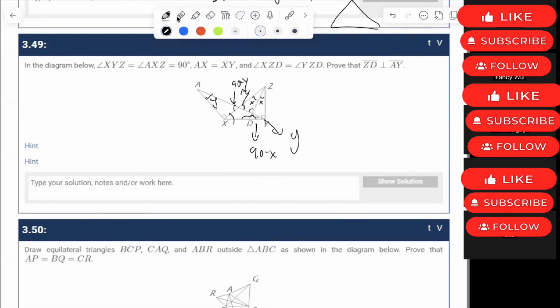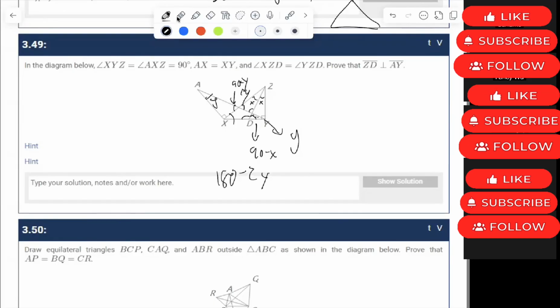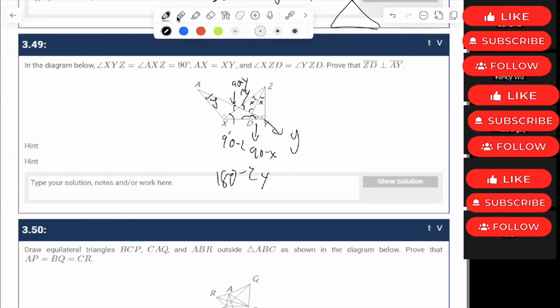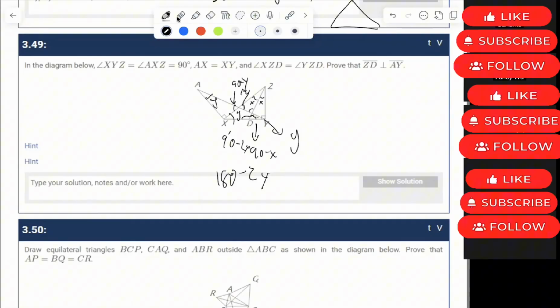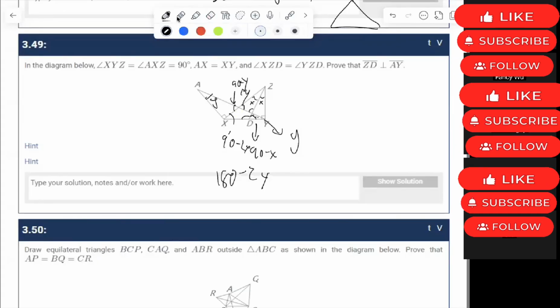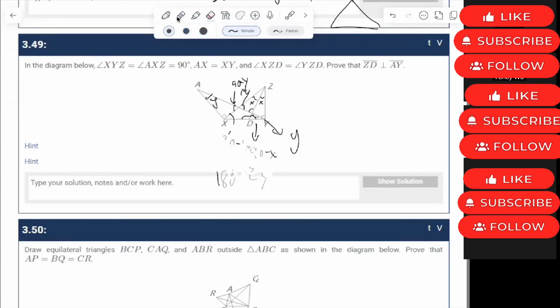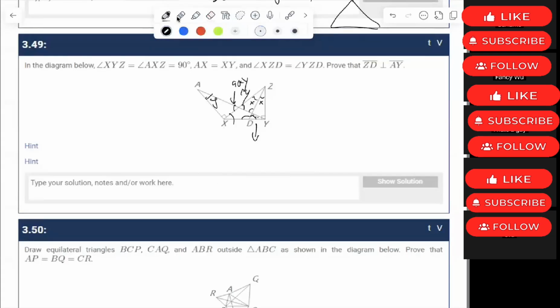This is going to be 180 minus 2y. Or this is going to be 90 minus 2y. And this is going to be y. Wait, am I doing it right? No, 90 plus y. My bad. This is going to be 90 plus y. So far, we haven't got a single thing from this. So what could we have done wrong here?